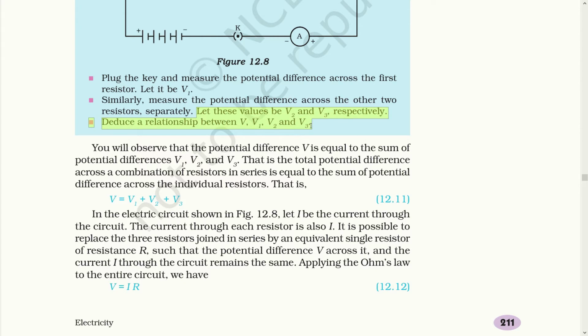Deduce the relation between V, that is the total voltage in the circuit, V1, the voltage across resistor 1, V2, the voltage across resistor 2, and V3, the voltage across resistor 3. You will observe that the potential difference V is equal to the sum of the potential differences V1, V2 and V3.